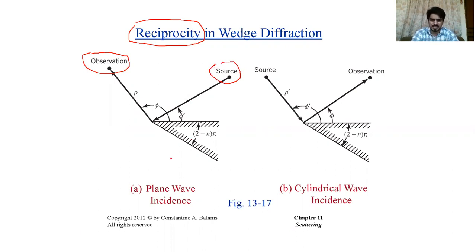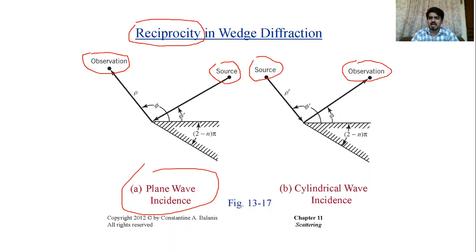As a result, you have something like a plane wave incidence because your line source is now placed in the far field. Using the reciprocity, what we can do is interchange the location of the source and the observation point. So now your source is located at rho equals 1 lambda distance from the edge of the wedge, from the origin of the coordinate system, that is nothing but the z axis.